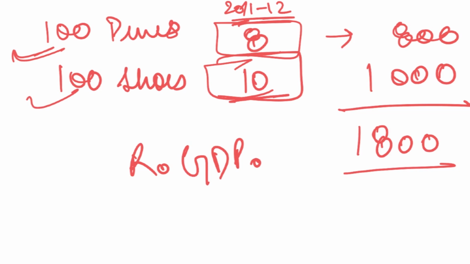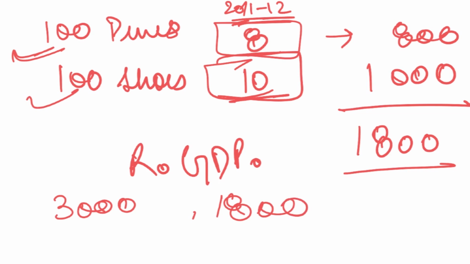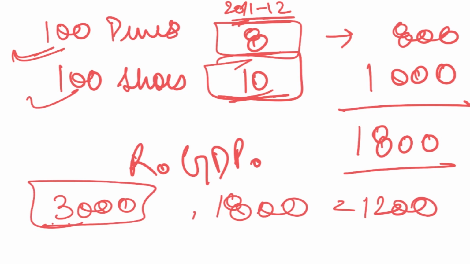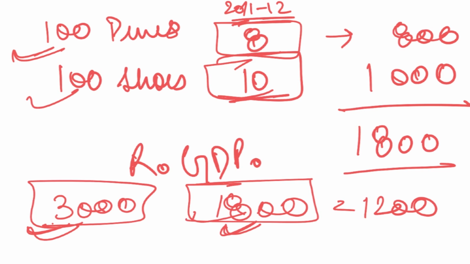Now if we compare both the data, the nominal GDP which was coming to 3000, and the real GDP, you can see a difference of rupees 1200 here. The nominal GDP is 3000, and when evaluated at the constant price, it is 1800.